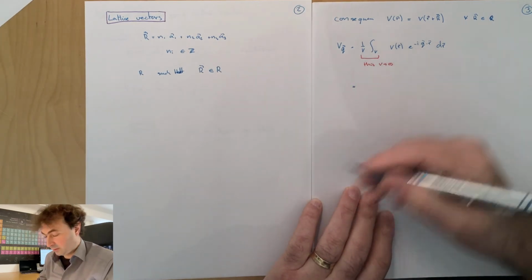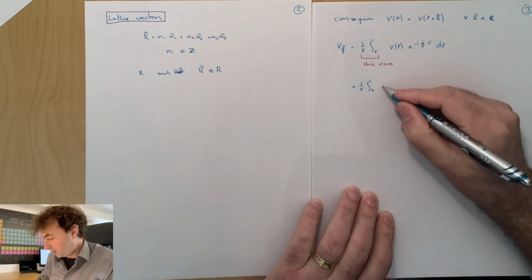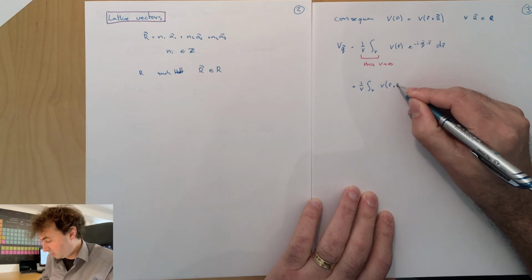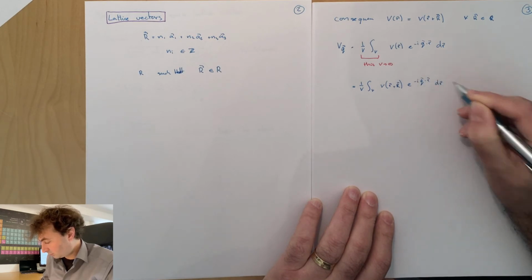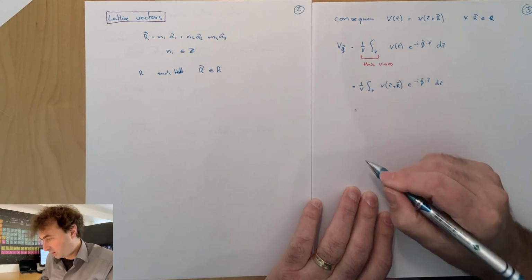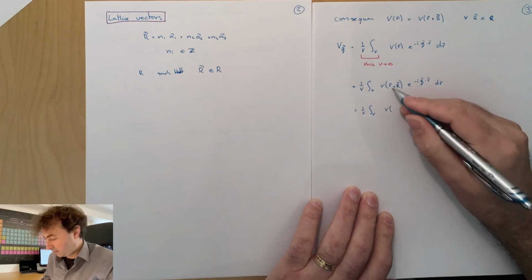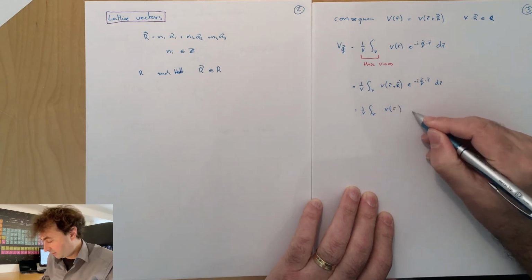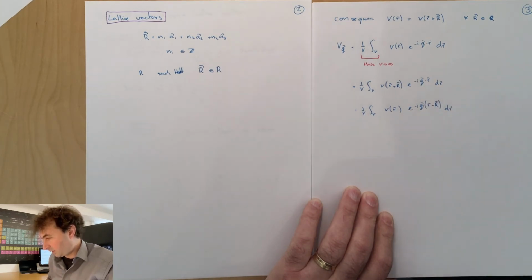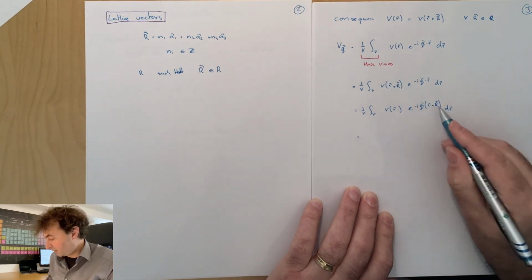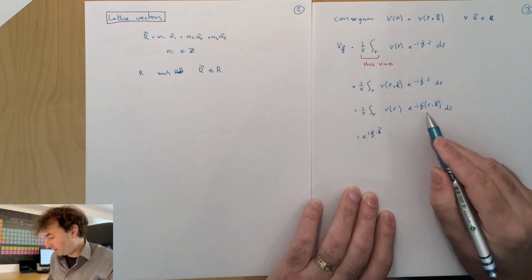We work with the potential, and we know that it is periodic, so this should be equal if we just shift our potential, and as our volume is infinite, we can just shift the integration boundaries, and it stays 1 over V times the integral over the volume, and we take R to R minus a lattice vector capital R, of V of R e to the minus i Q dot (R minus capital R) dR, which is, I can take this e to the i Q dot capital R outside, and then we are left with V of Q.